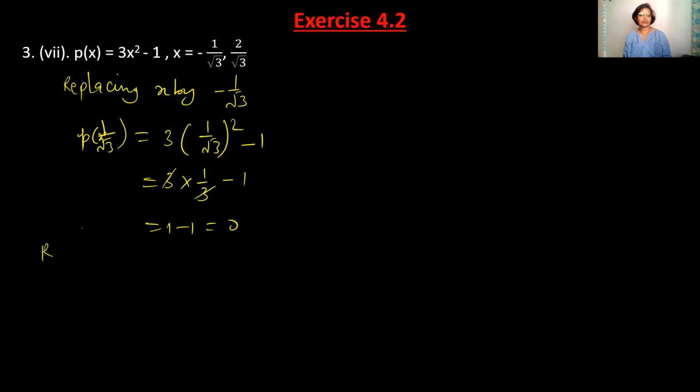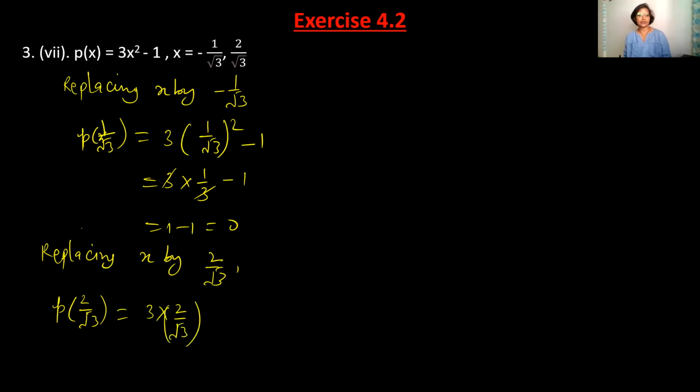And now we will replace x by 2 upon root 3. Then what happens? P(2 upon root 3) equals 3 into 2 upon root 3 square minus 1. So this will become 3 into 4 upon 3 minus 1, so it will become 4 minus 1, which means 3. So here we can write, therefore, which is not equal to 0.